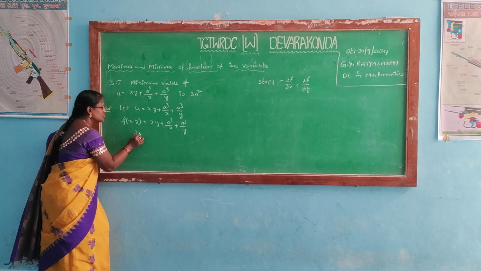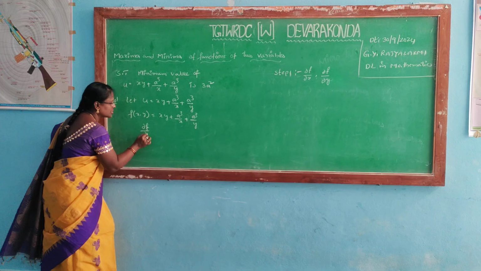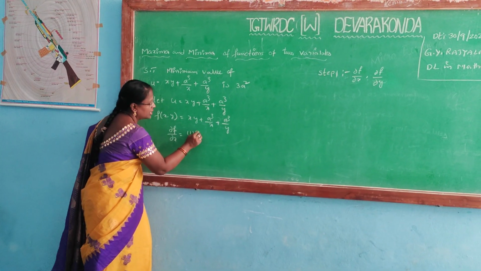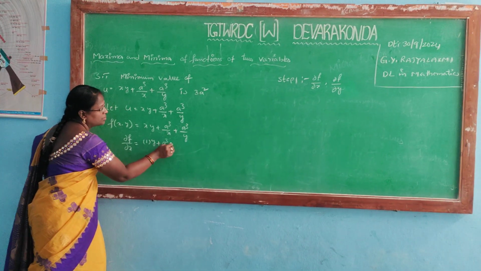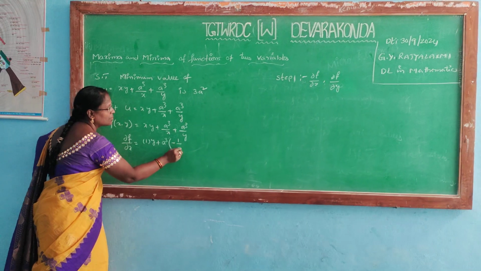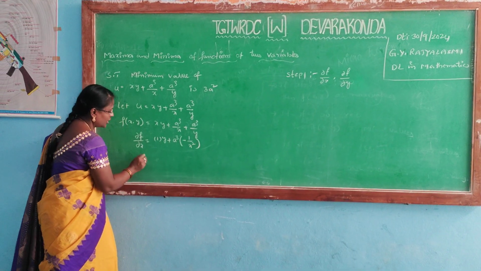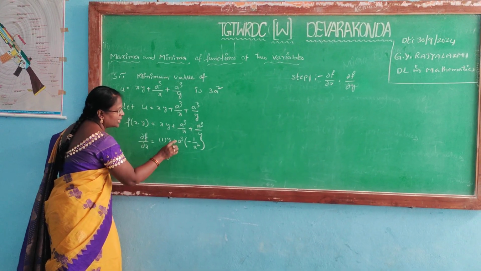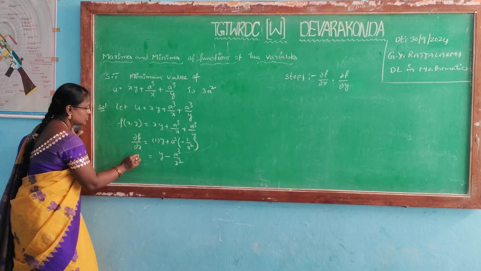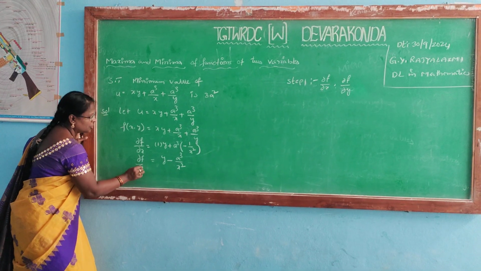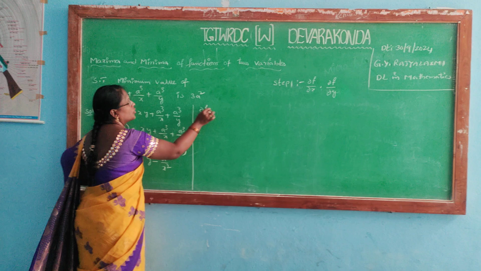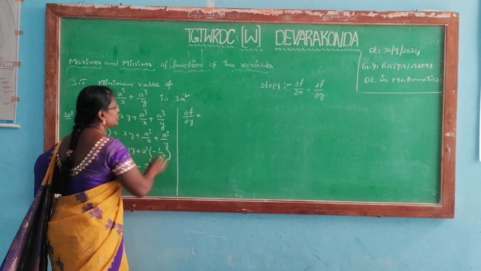So with respect to x, dou f by dou x. Here, with respect to x, means 1 into y plus a cube into the derivative of 1 by x, which is minus 1 by x square. So dou f by dou x equal to y minus a cube by x square. So this is dou f by dou x. Similarly dou f by dou y, with respect to y.